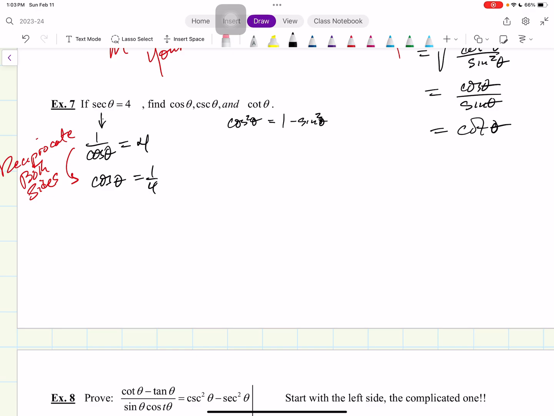Actually, I want to solve for the other one, so let me rewrite it. Sine squared theta is equal to 1 minus cosine squared theta. And so that means if you square root both sides, you get plus or minus the square root of 1 minus cosine squared theta.